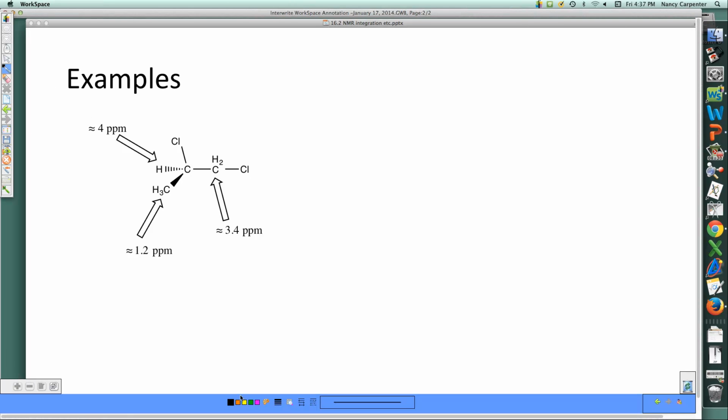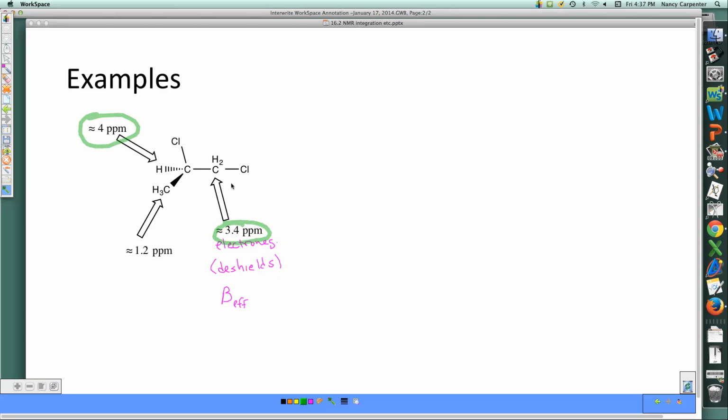Again, this is an example of electronegativity. An electronegative element deshields, exposing those carbons and hydrogens to a stronger effective magnetic field.